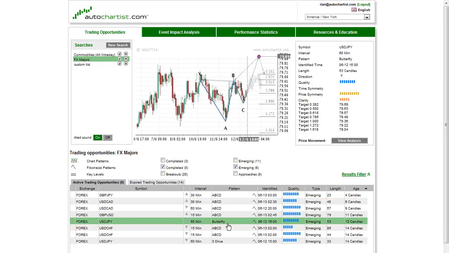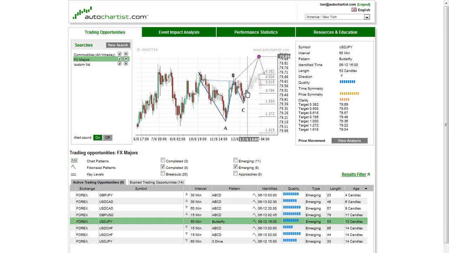We'll give that a moment to open up. Wow, okay, that was very interesting. What happened is that Autochartist identified this 13 candles ago, of 60 minutes, so that's basically 13 hours ago. It identified this opportunity at this little gray dotted line, and said if the price reaches 79.89, the butterfly pattern would be complete.